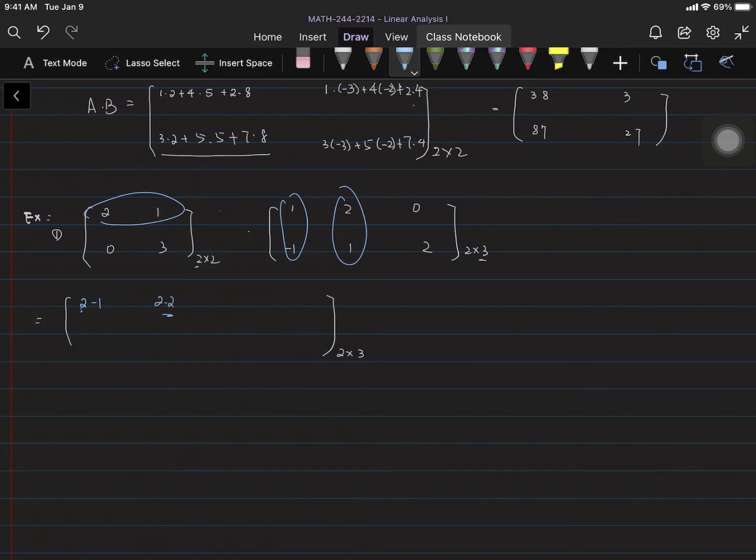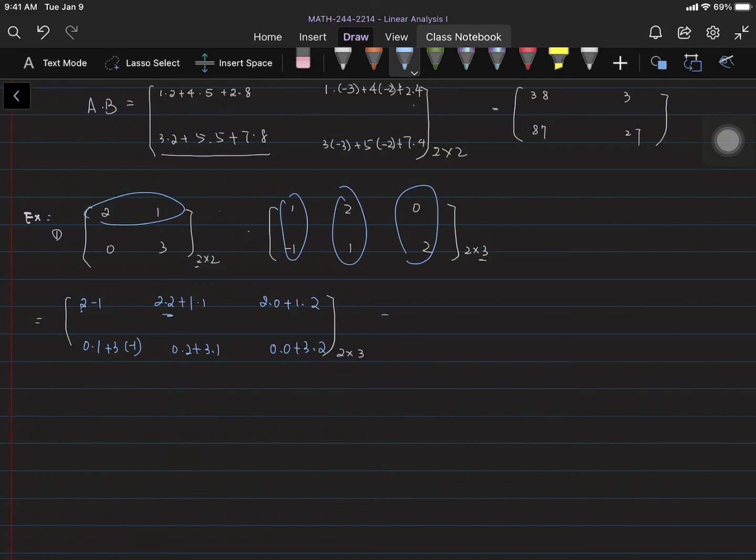2 times 2 plus 1 times 1. The last number is A13, first row times third column: 2 times 0 plus 1 times 2. The second row is the second row of matrix A: 0 times 1 add 3 times negative 1, 0 times 2 add 3 times 1, 0 times 0 add 3 times 2.